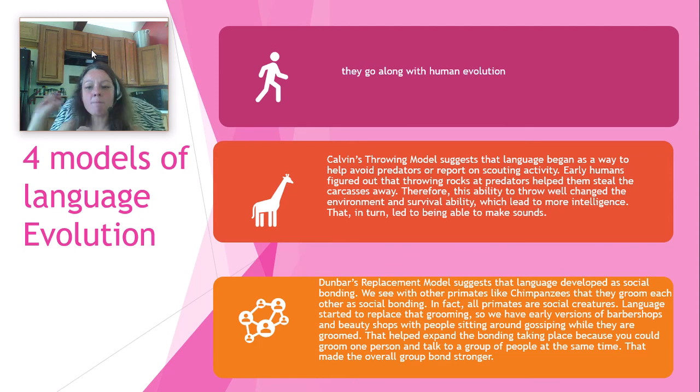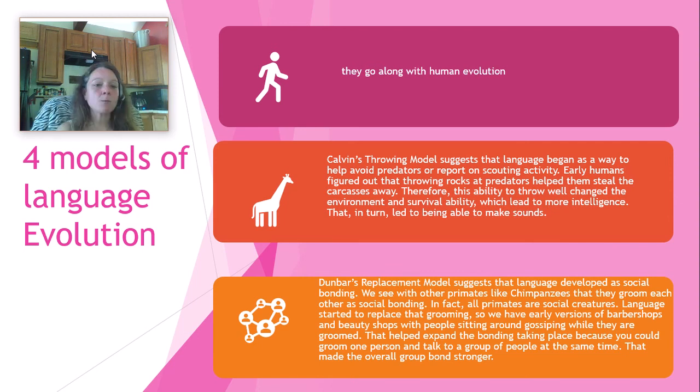And the better we got at that, and the more our brains evolved and we got more intelligent, those sounds actually started to form words pretty much, or we started to give meaning to them, I guess is another way to say that.